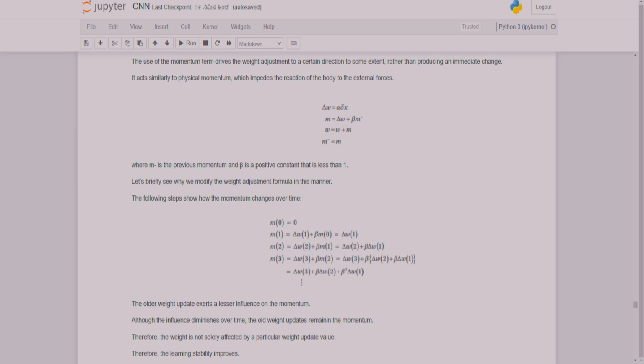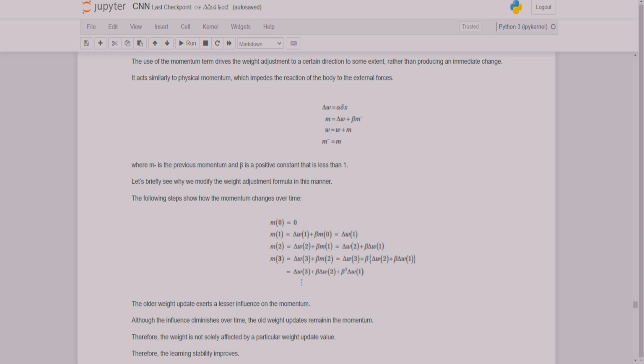So what we are trying to do here initially is keep the momentum as 0, because we have never trained anything so far. The first training data is yet to be given. Under such a condition, we keep m of 0 as 0. The 0 is an index, a counter for which training data is going into the machine.